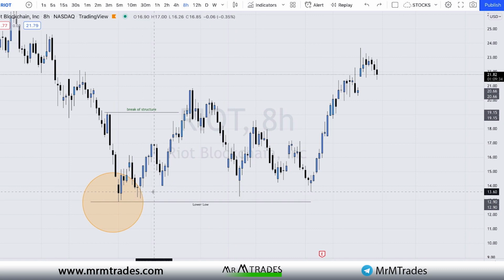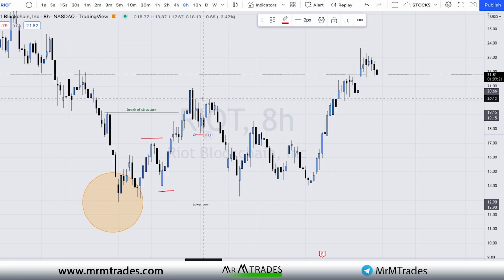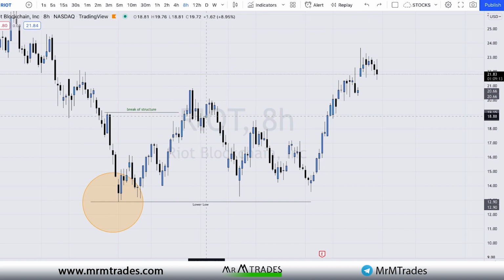And to reach our supply, we need to have the demand first, and vice versa, when we look for selling opportunities. So print it out in your mind: higher high, higher low, lower low, lower high. In other words, buy before you sell or sell before you buy. And this will create our structure, which we can use with our trading.